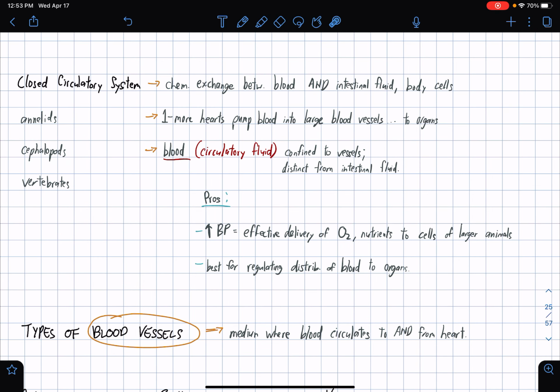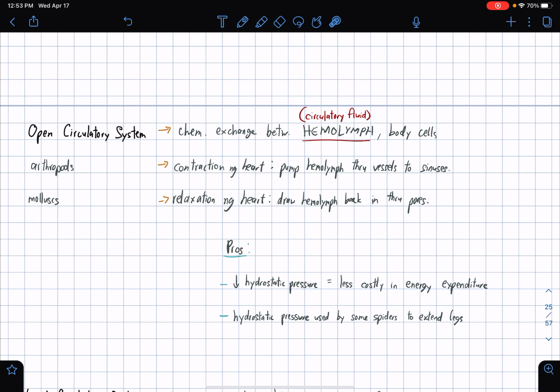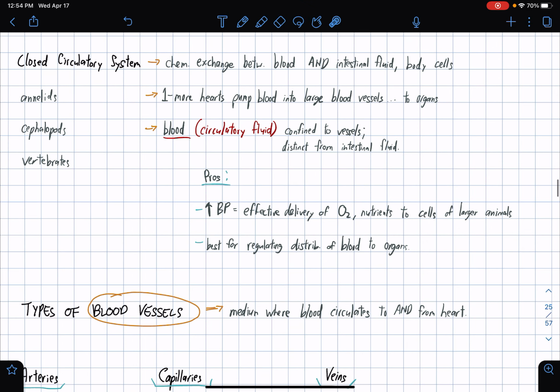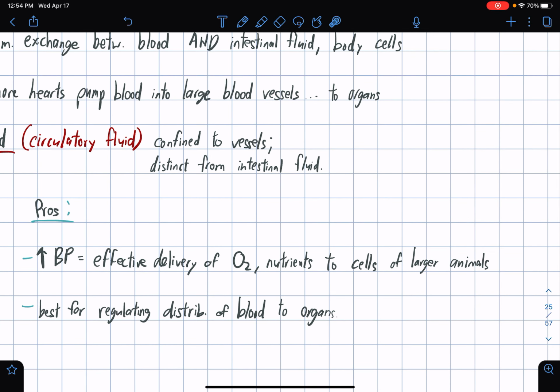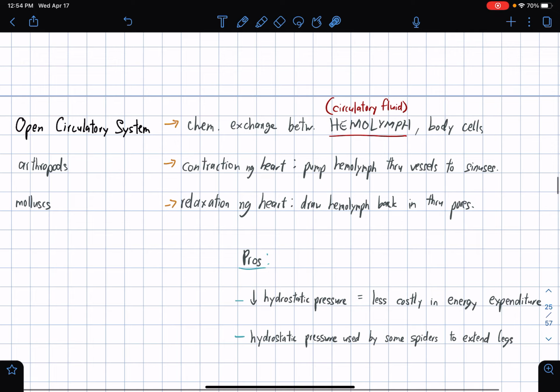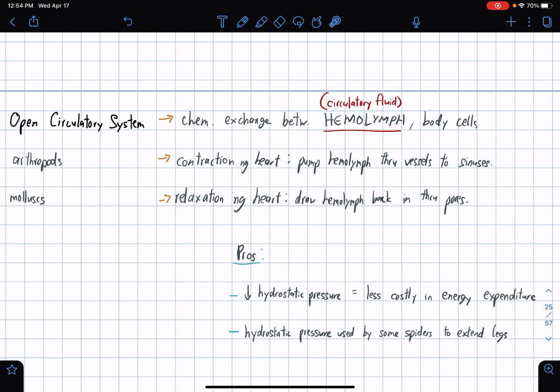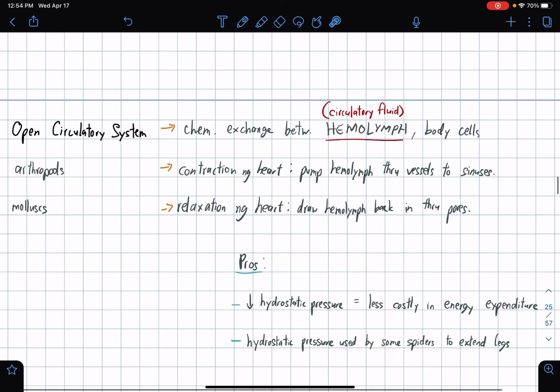What are the advantages of having a closed circulatory system? Now it makes sense. These are the advantages for certain species to have an open circulatory system, and these are the advantages of a closed circulatory system, particularly for humans among other animals. High blood pressure means effective delivery of oxygen and nutrients to the cells of larger animals. The open circulatory system cannot really provide life support for larger animals.